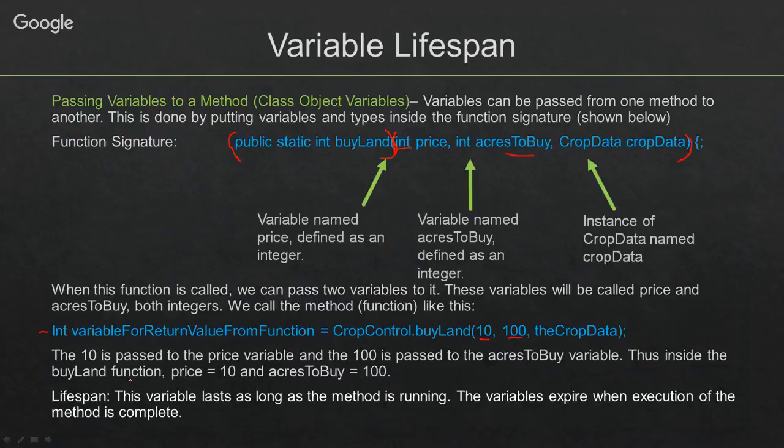Thus, inside the buy land function, price equals 10 and acres to buy is 100. So the lifespan of the variable lasts as long as the method is running or the variables expire. So between these curly braces, and when you find the opposite one facing the opposite way, that's when it'll end. So usually within this function signature, that's when it will end.